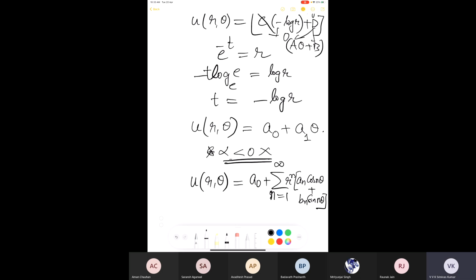The r equals 0 case is included also here.